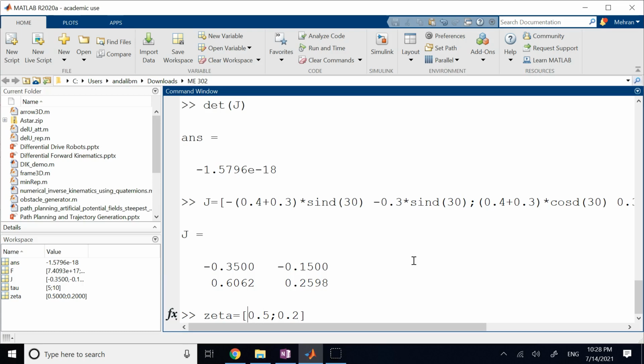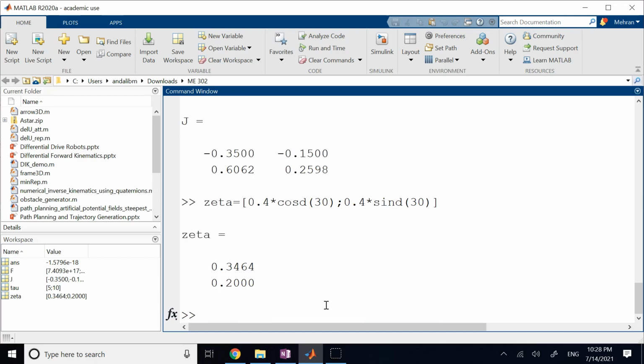So let's say v is whatever you want, let's say 0.4. And then this is going to be cosine of the angle theta 1, which we consider 30 degrees, and then also 0.4, which is v, times sine of, again, 30 degrees. Correct? That's what you have.